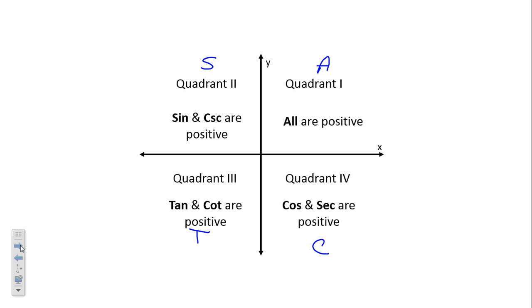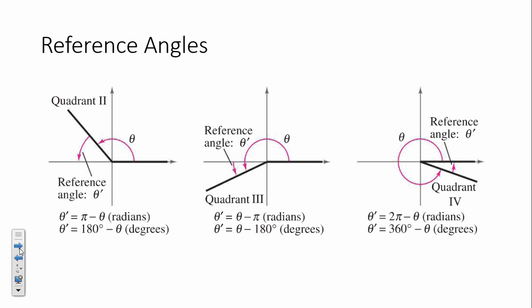Okay. All right, so here's how this works. We use reference angles. The reference angles help us figure out which quadrant we're in and whether the value is going to be positive or negative for the individual trig functions. If we're in quadrant 2, it's like dropping a perpendicular to the x-axis, and this will be your reference angle, theta prime. Okay?